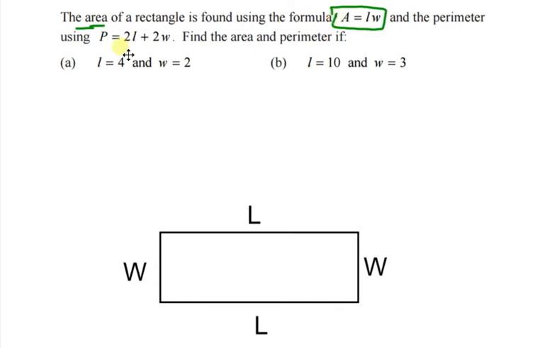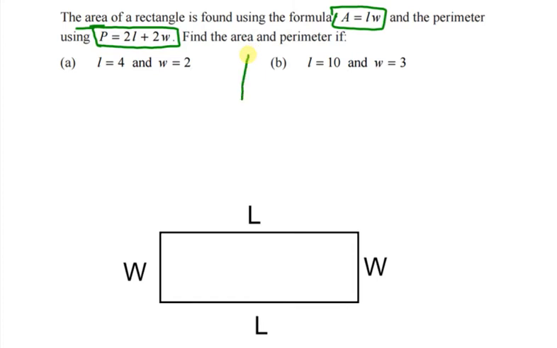And the perimeter is found using P equals 2L plus 2W, which is what we just did. Now it wants us to find the area and the perimeter if the length equals 4 and the width equals 2, and then in a separate problem, the length equals 10 and the width equals 3.